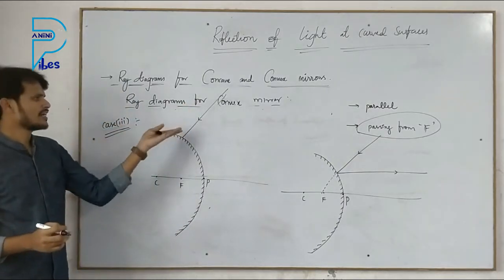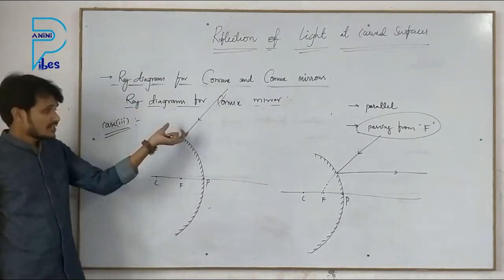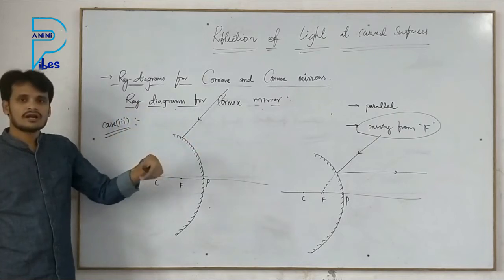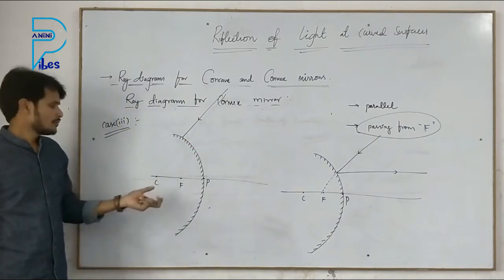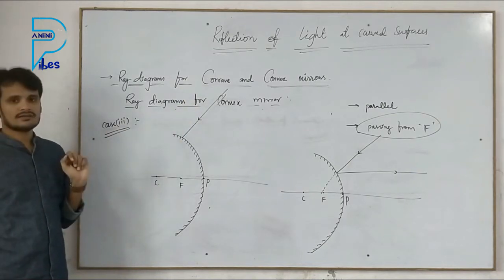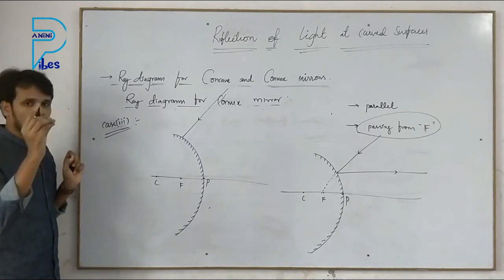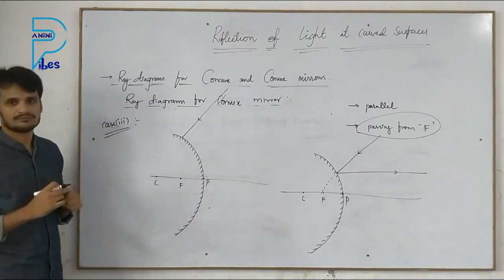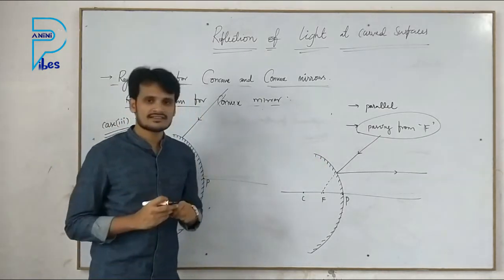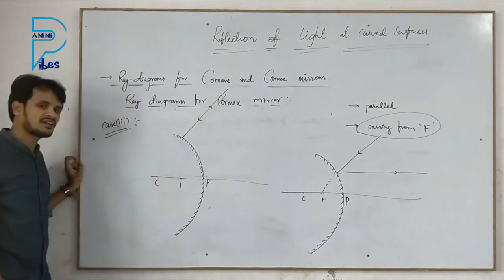We don't know actually where the ray is coming from. After reflection only we decide whether the ray is coming from the focus or the center of curvature. Let's see, one ray is coming like this, but after reflection there is no separate reflected ray. In all the other cases the incident ray and reflected ray are separate, but in this case we are able to see only one ray, even after reflection.